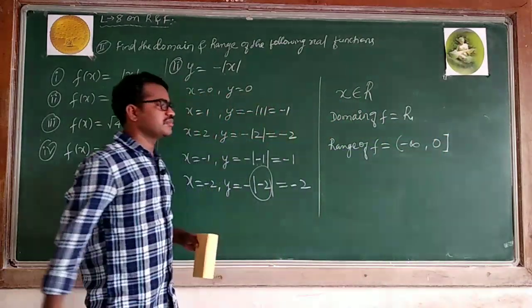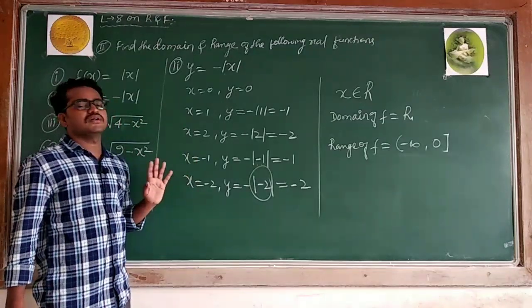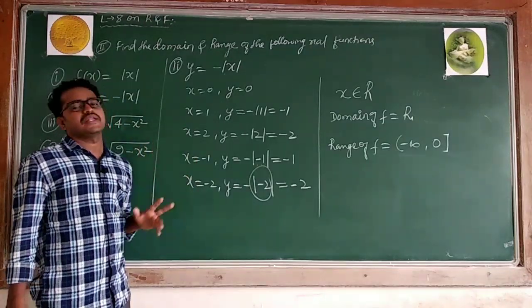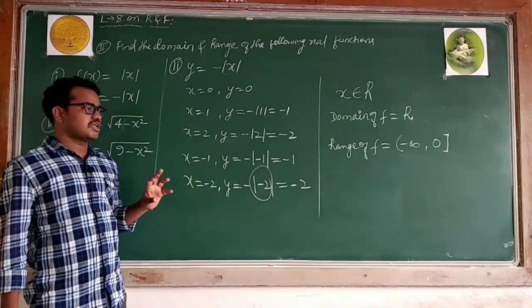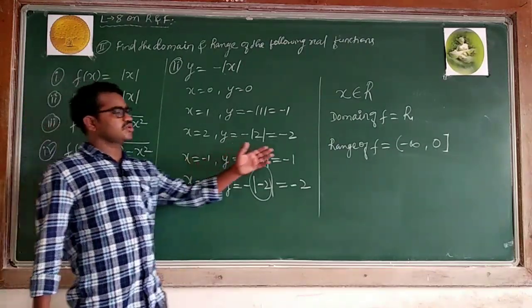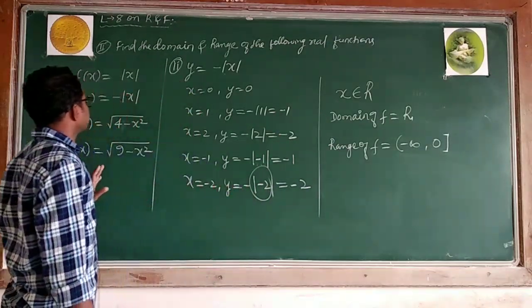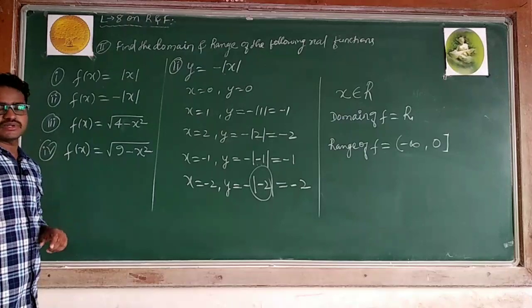You will get negative numbers and 0. Better I can say all negative numbers and 0, not the positive numbers. So you can say minus infinity to 0 is the range of this function. Is it clear? Second one.